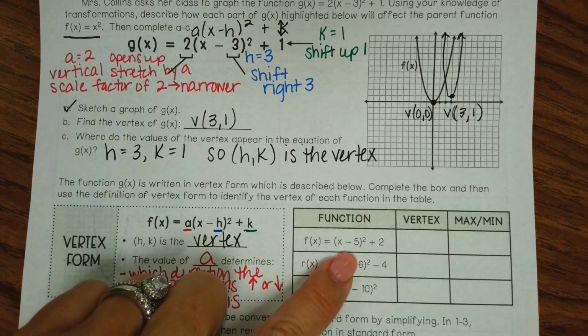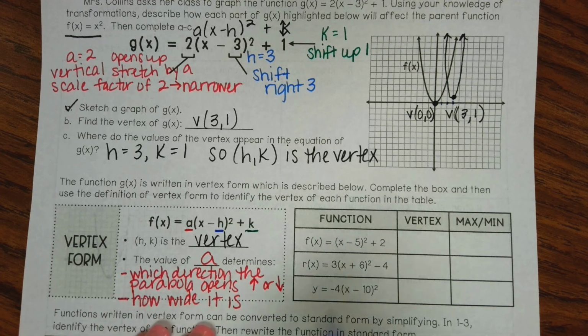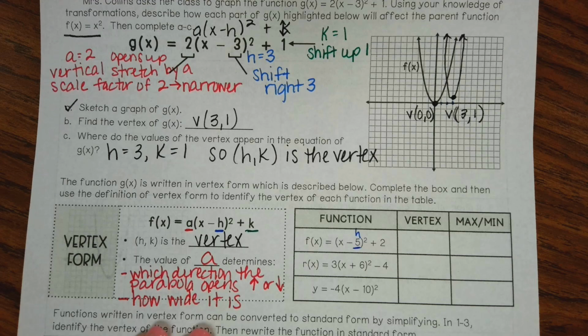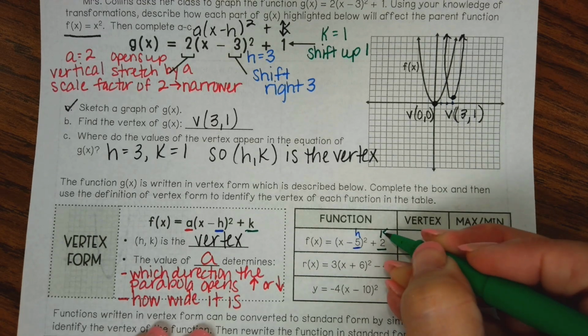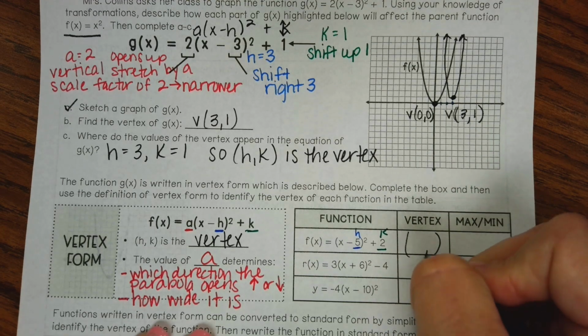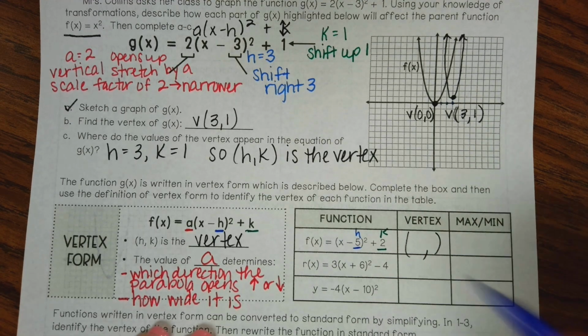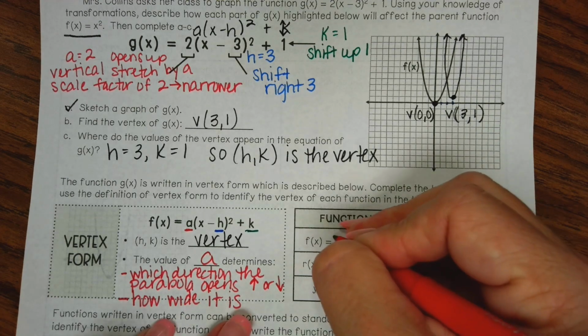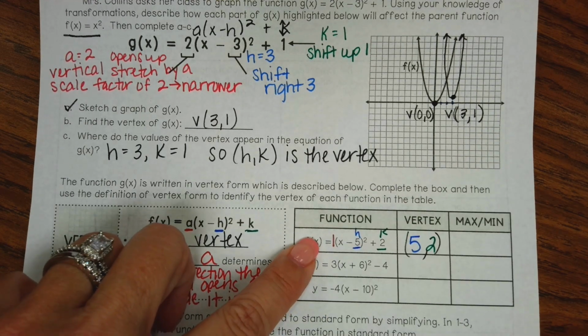All right, so over here, we're going to begin by identifying that H is 5, K is 2. So we are going to write that vertex of 5, 2. Okay, now the A value in here, it's in front and nothing's there, so it's a 1.